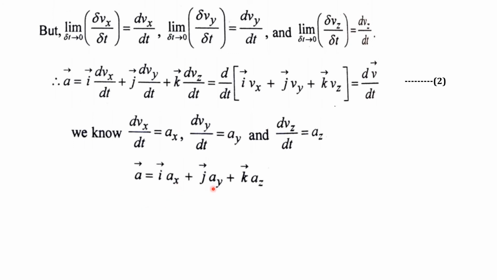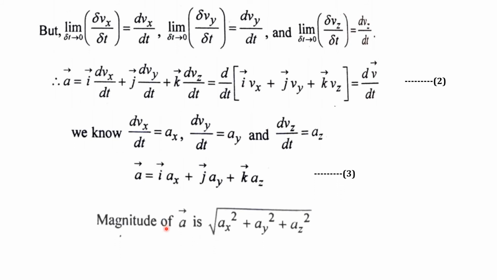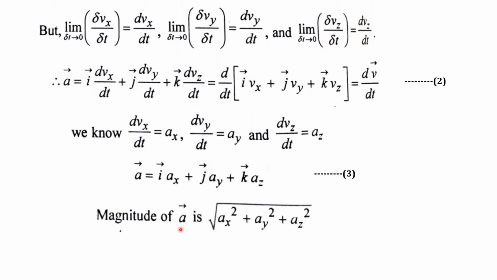The magnitude is the square root of ax square plus ay square plus az square. So the magnitude of vector A is the square root of ax square plus ay square plus az square. Now in vector form, its components along the x-axis, y-axis and z-axis are known, and its magnitude is known.